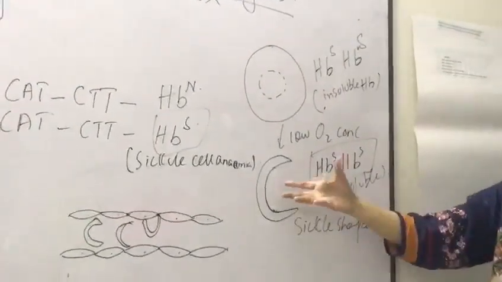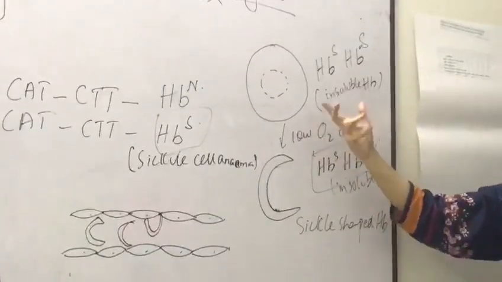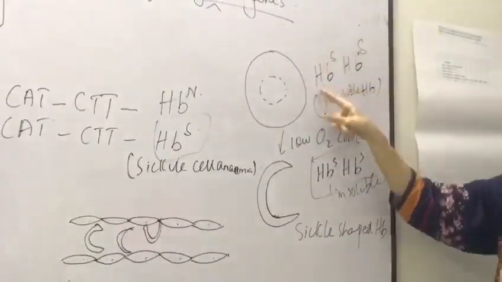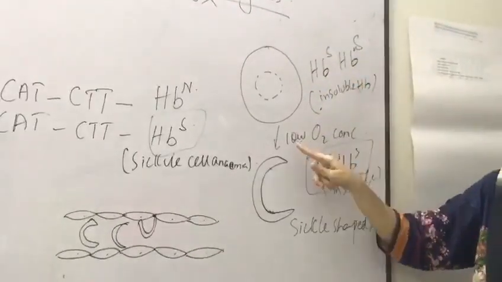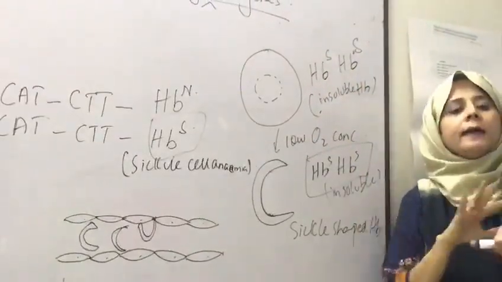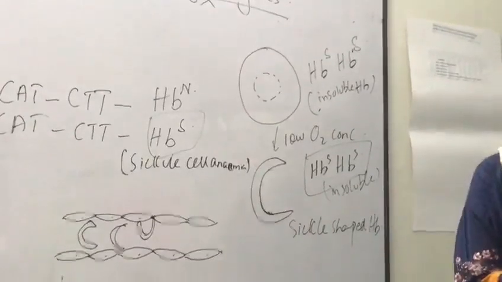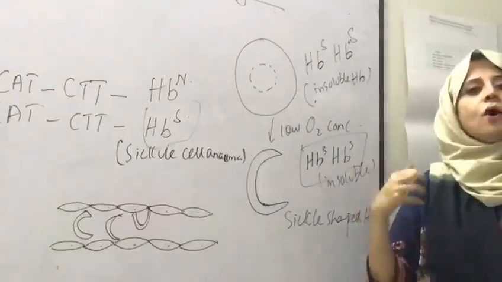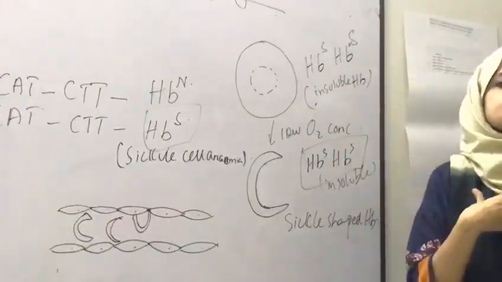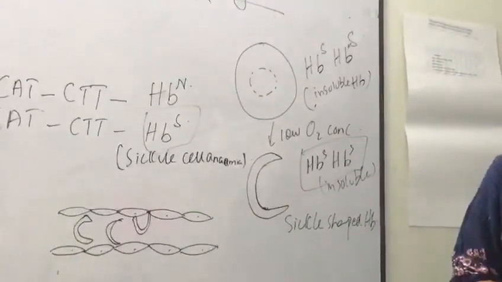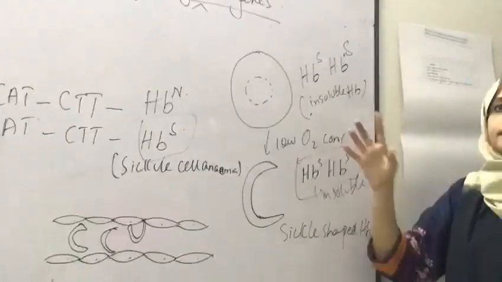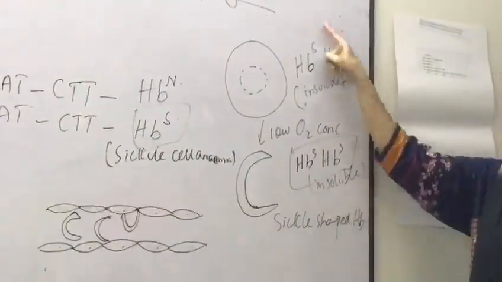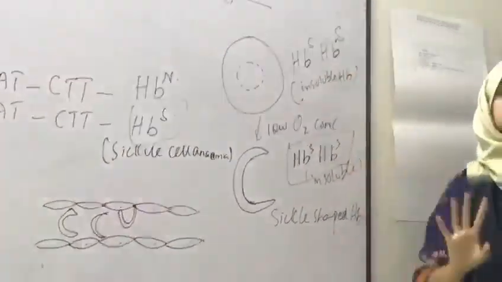When it gets precipitated, it gets insoluble. In the HbS person, or the sickle cell anemic person, when they are subjected to low oxygen concentration, there is a problem. In the normal oxygen concentration, there won't be any problem. But in low oxygen concentration, that is when the person is exercising or doing some strenuous work, their hemoglobin gets precipitated because they have the HbS genotype.